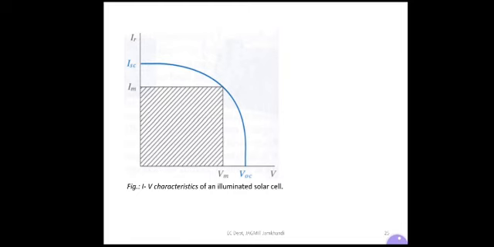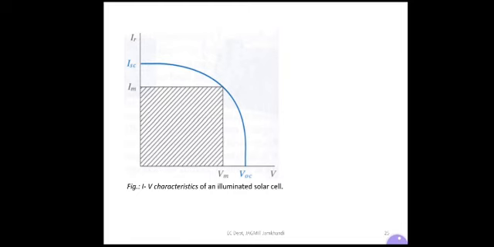As we can see from the figure, the maximum delivered power is indicated by the shaded rectangle. This maximum power delivered is less than the product of ISC and VOC.